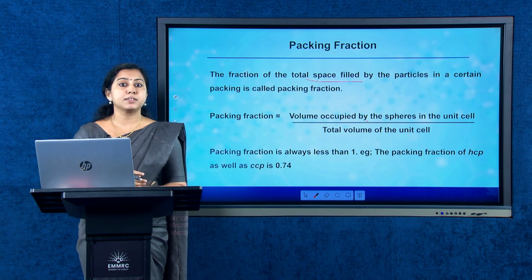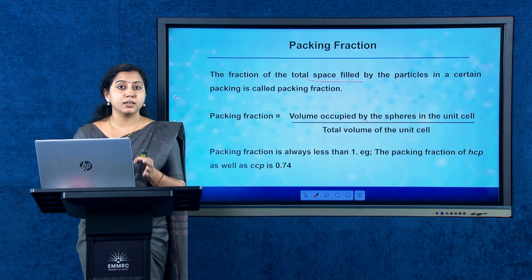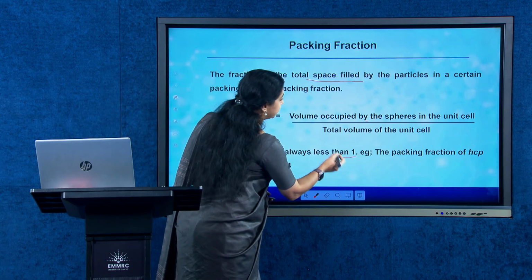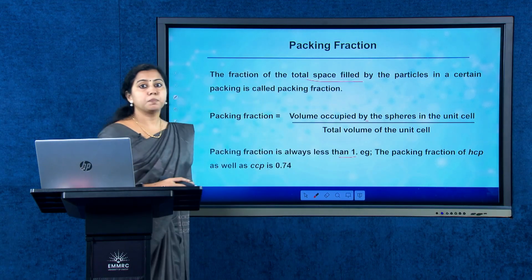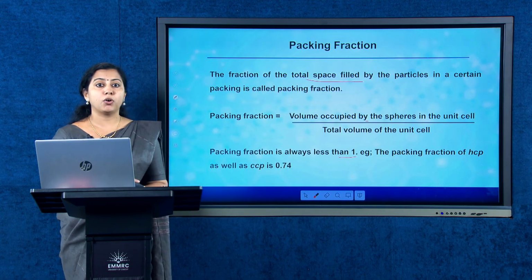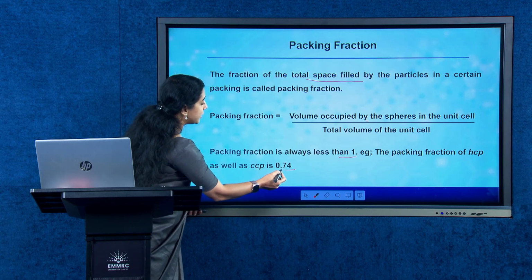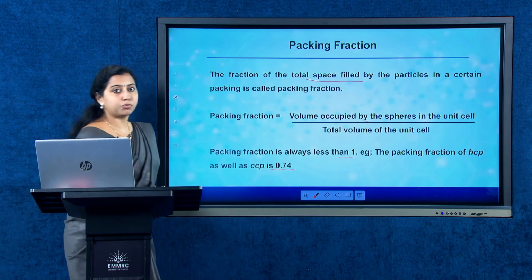As the name suggests, packing fraction is a fraction, so it is always less than 1. For example, the packing fraction of hexagonal close packing as well as CCP is 0.74.